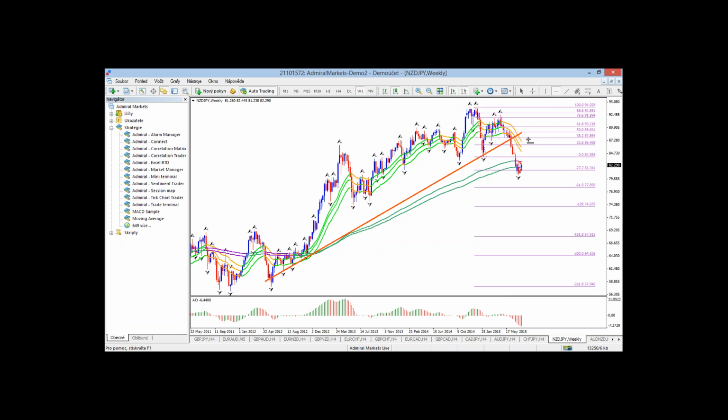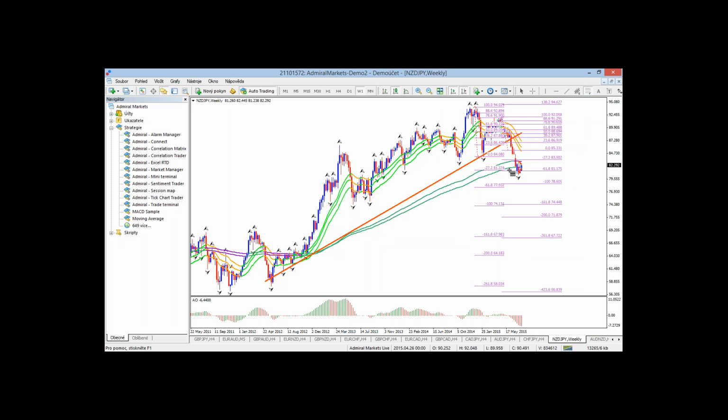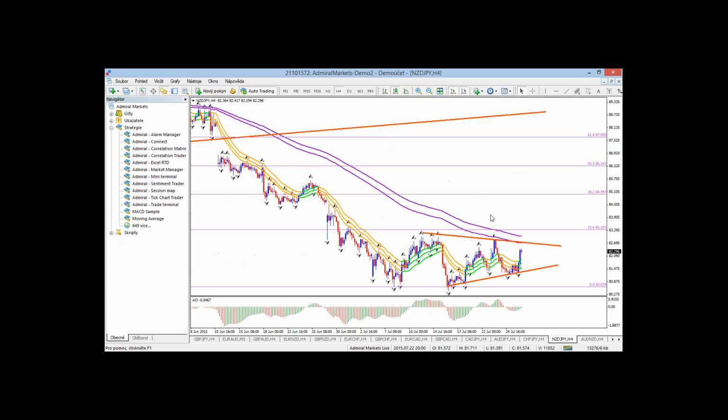And I'll put some levels. Let me change the fib or add a fib, one second, from here to here. All right, any of these fibs could be turning around spots. So back to the 4-hour, a bullish break could go up to the 38.2, perhaps the 50, perhaps the 61.8, but this zone would be the main part.